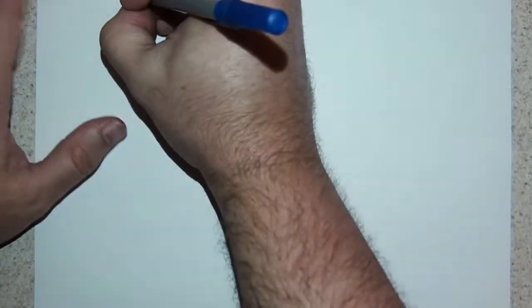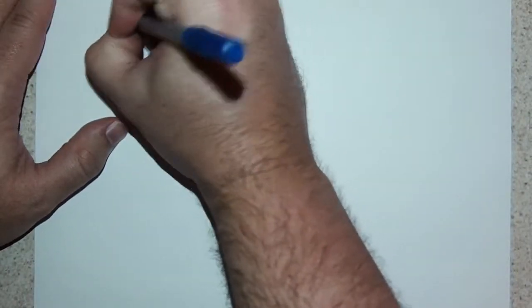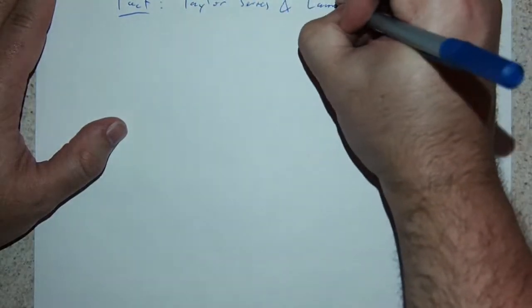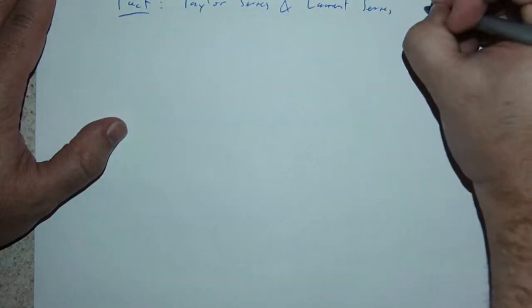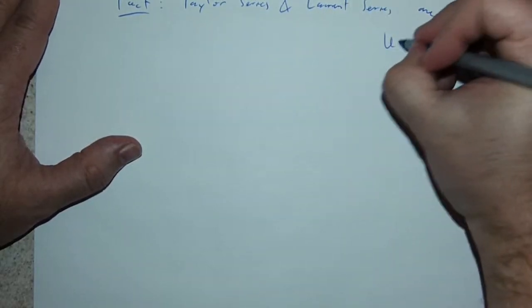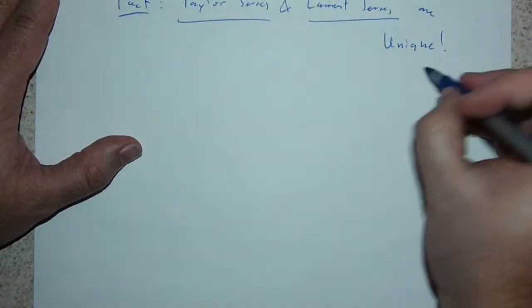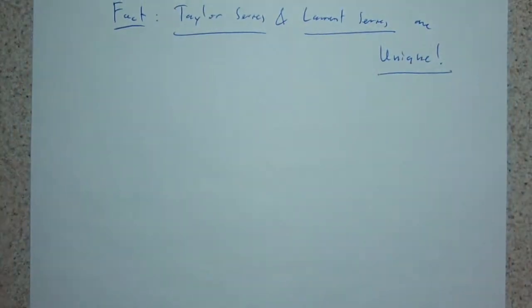This fact is that these series representations are unique. Okay, so Taylor series, big fact. Taylor series and Laurent series are unique. What do I mean by that?